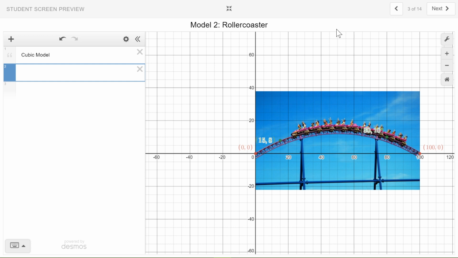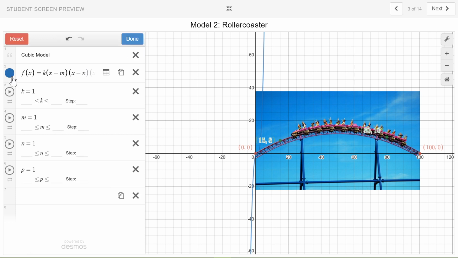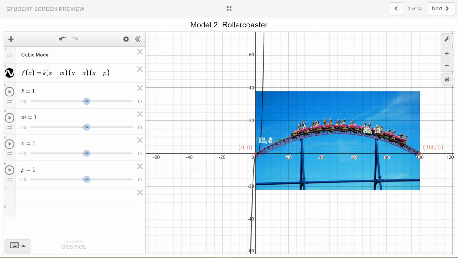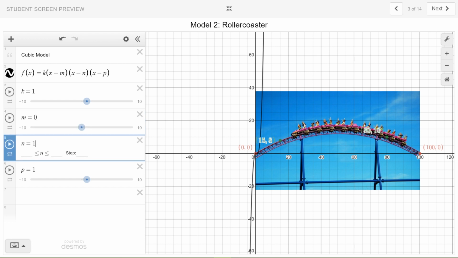Once again, I'm going to use f of x is equal to k, x minus m, x minus n, and x minus p. Once again, set sliders up for these. And now, a cubic model is a little harder to do because the numbers need to be even smaller. But one thing I know for sure is m is going to be 0 and n is going to be 100 because those intercepts I don't need to change.